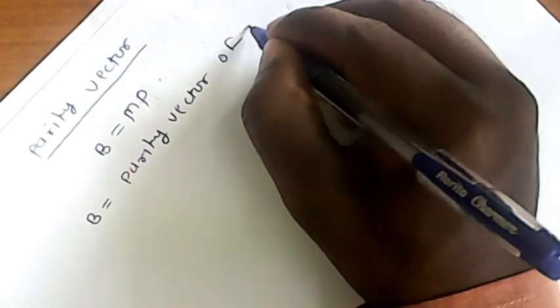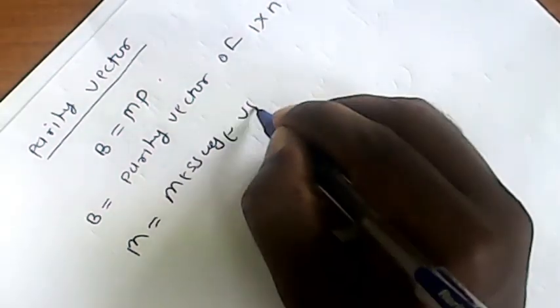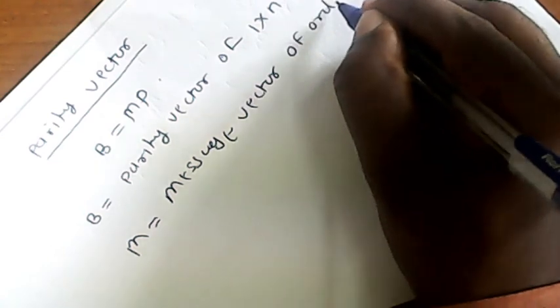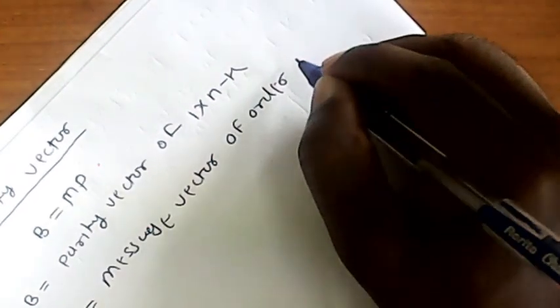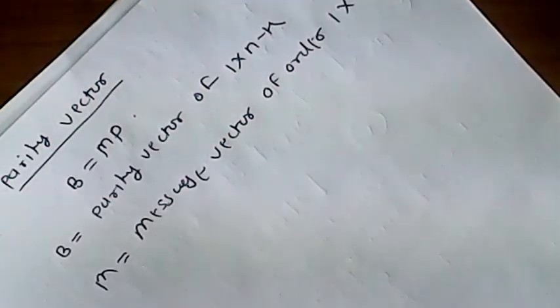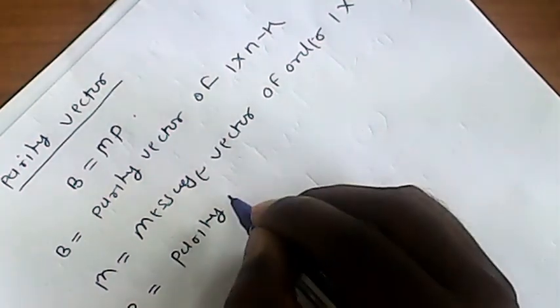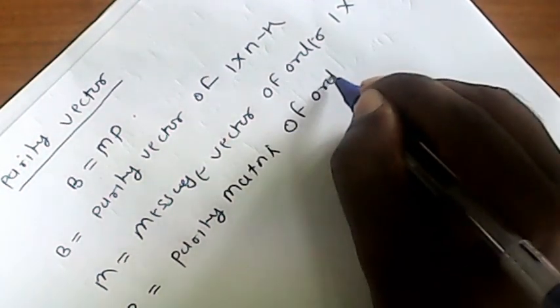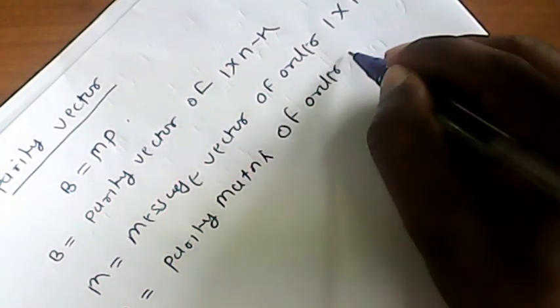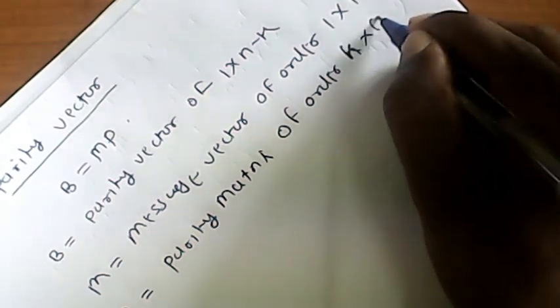of order 1 into n minus k. M is a message vector of order 1 into k, and P is nothing but a parity matrix of order k into n minus k.